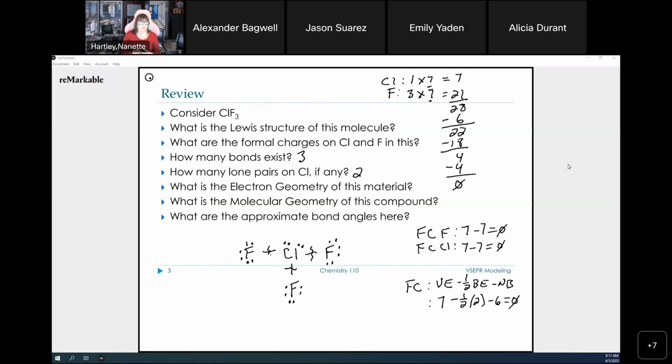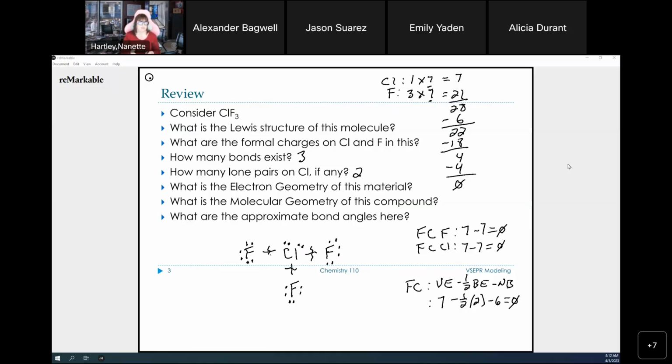And then it says, what is the electron geometry of this material? And I hear bells going off and people saying I don't know what that means. No, you don't, not yet. So this is sort of review, sort of not review. And the reason that I do it in this fashion is because you need to know that those Lewis structures that we just did are entirely important to doing the VSEPR.